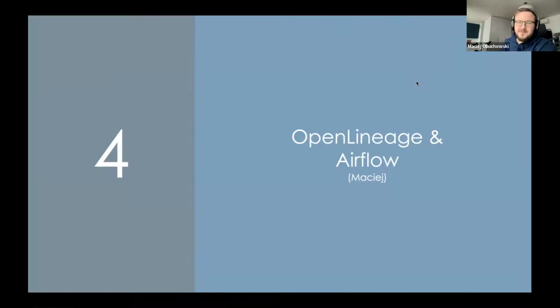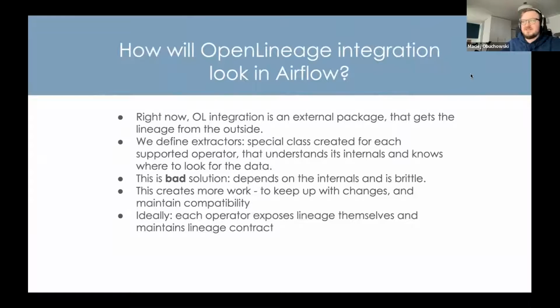But yeah, so we have talked about OpenLineage and Airflow, but we haven't talked about why we want OpenLineage in Airflow. Right now we have an integration that is an external plugin that works basically like this. We defined extractors, which are special classes created for supported operators that understand their internals, what methods and data they have, and know what to look at for what we need for lineage.